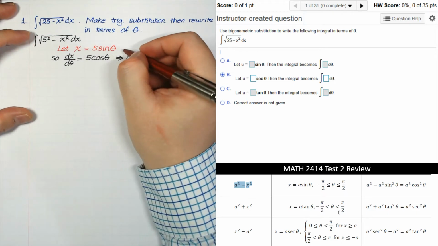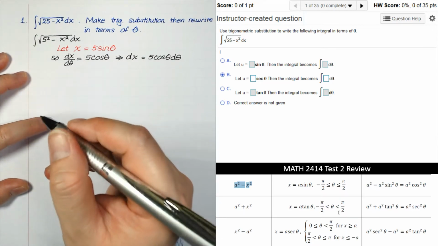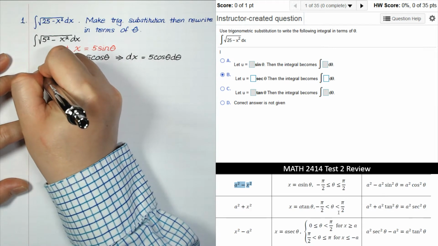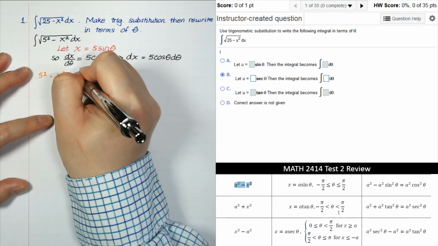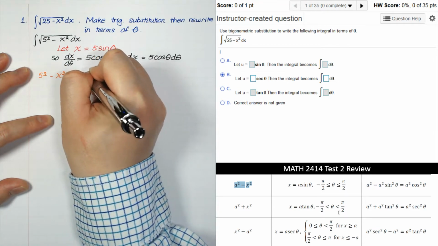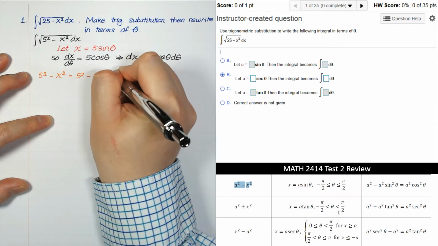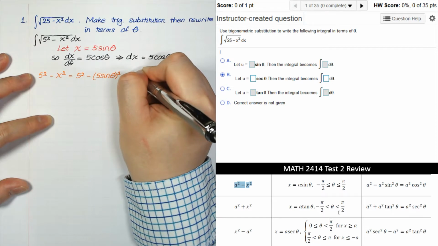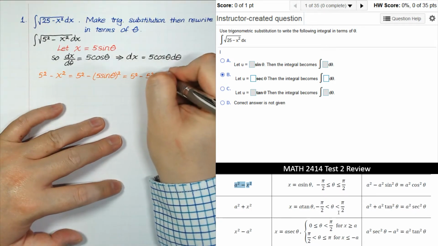Right. So we have dx to substitute here. Next we rewrite the 5 squared minus x squared in just one term. x is 5 sine theta squared. So 5 squared minus 5 squared sine squared.